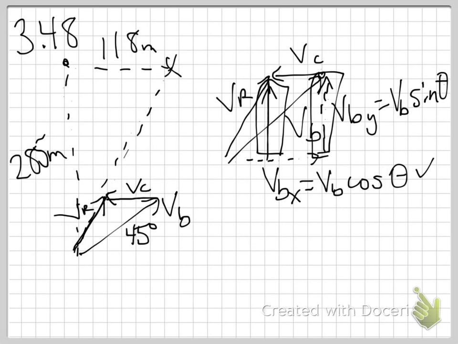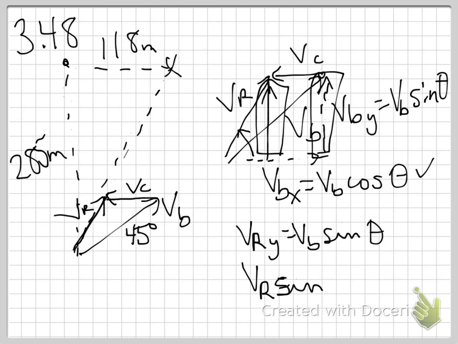So if you say VR in the y is equal to VB sine theta, you can figure out what VR is equal to, because VR sine of this angle here, which I'll call phi, VR sine phi is equal to VRY. Now you're probably saying, well, how do I find that angle phi?